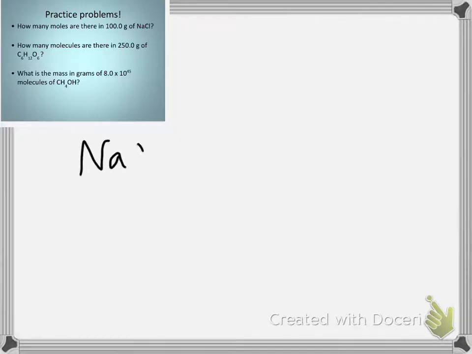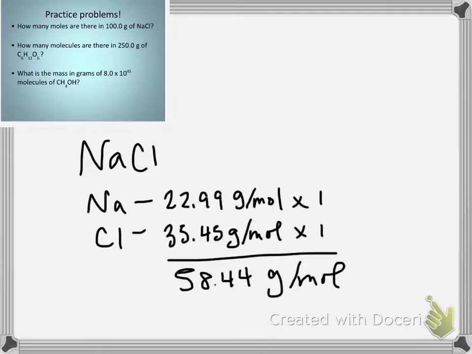I'm going to write down my formula, and I'm going to do my little shorthand here of listing my elements, and I'm going to put in their molar masses. And since there's only one of each atom, in this case actually ion, we multiply by 1, we add them up, and we find that there are 58.44 grams in a single mole of sodium chloride. That's going to become our conversion factor.